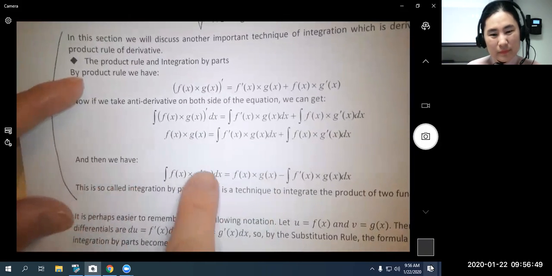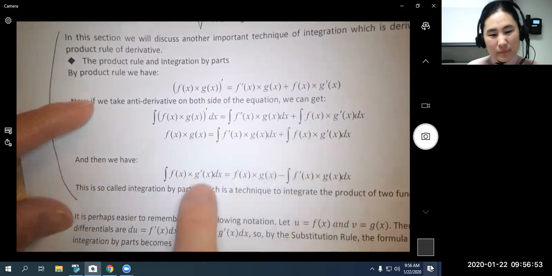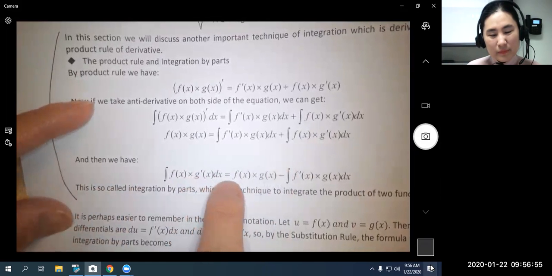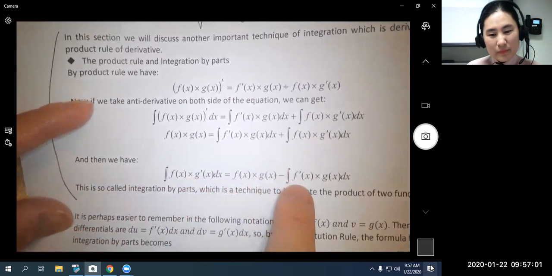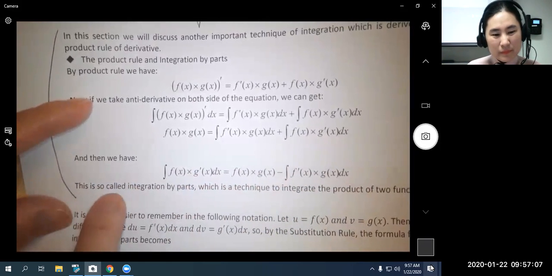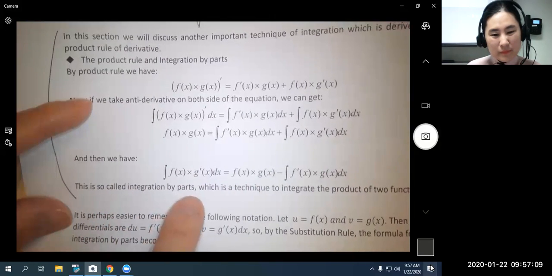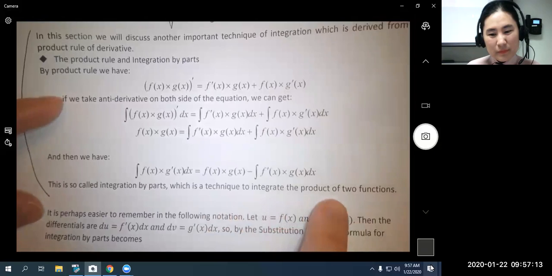Then we have the integral of f of x multiplied by g prime of x dx is equivalent to f of x multiplied by g of x minus the integral of f prime of x multiplied by g of x dx. This is the so-called integration by parts, which is a technique to integrate the product of two functions.